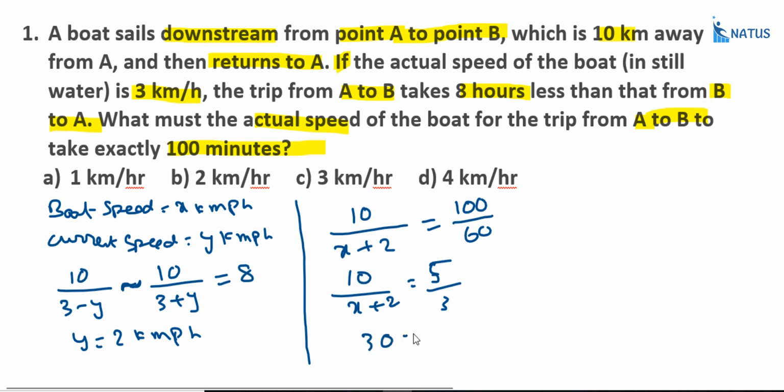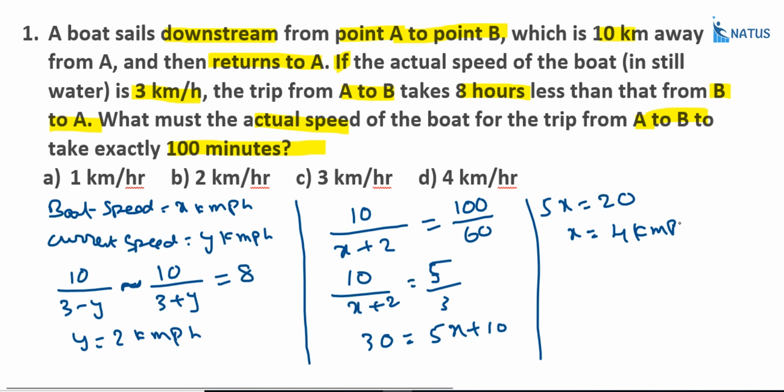Now 30 is equal to 5x plus 10. Now what is 5x? 5x is equal to 20, so x equals 4 kilometers per hour. What is x? That is the boat speed. So the actual boat speed is 4 kilometers per hour, which is the required answer.